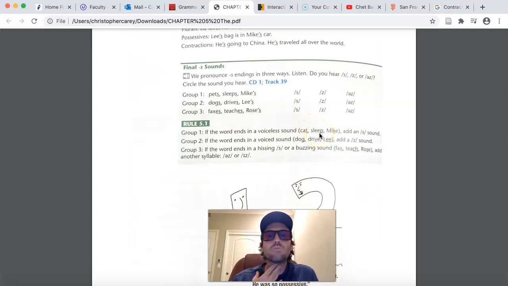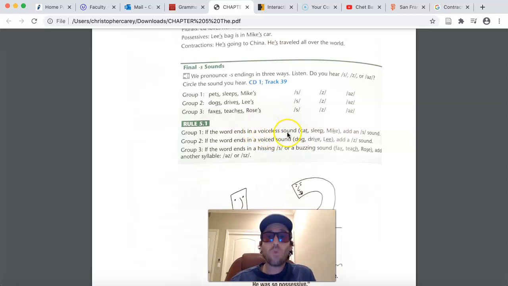Sleep, p, p, p, no vibration. Mic, k, k, k, just the consonant sound. Don't focus on the other vowel sounds or previous consonant sounds. We're looking at that underlying consonant sound. Those are all what? Voiceless sounds, no vibration.